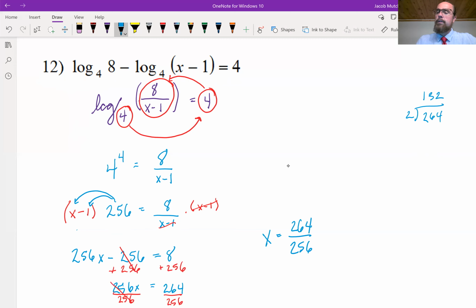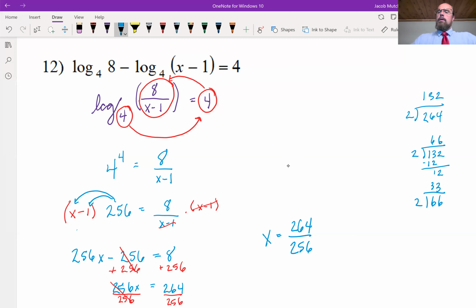So it looks like we could keep going with the division. 132 is also even, and that's going to give us 66. We can keep going. 66 is divisible by 2, and that's going to give us 33.